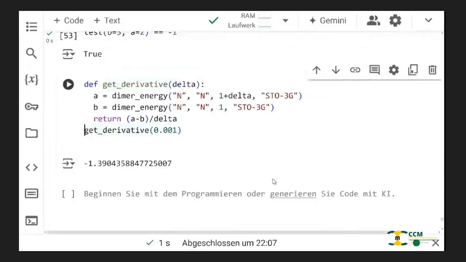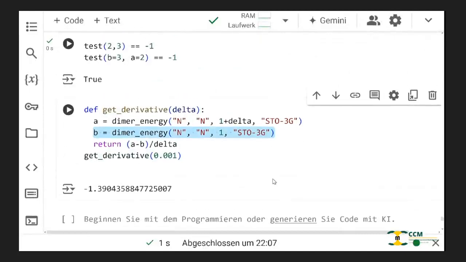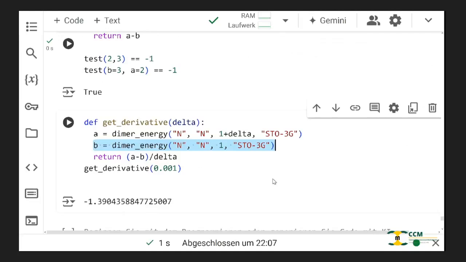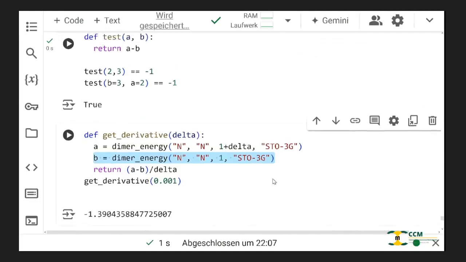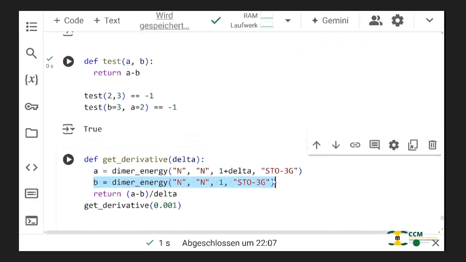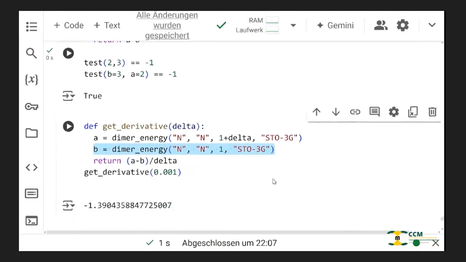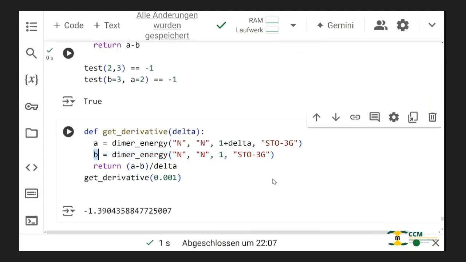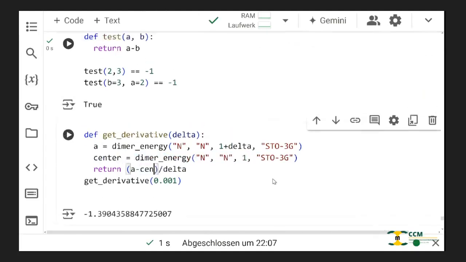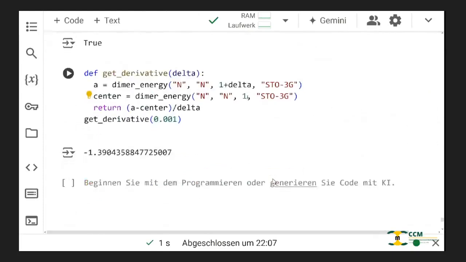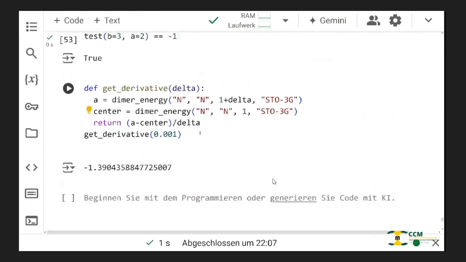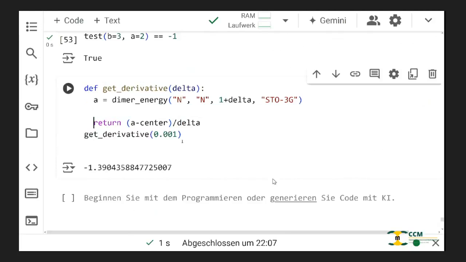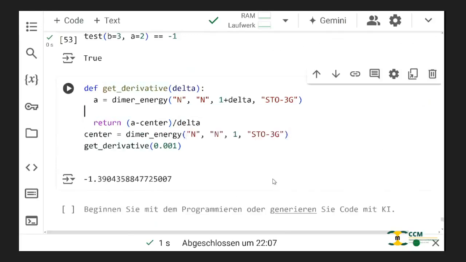Now, one thing that is worth noting, that is always the same. What is this doing? Okay, so let's call this center. Let's call this center, and then we can actually move it out. Makes our calculations faster.